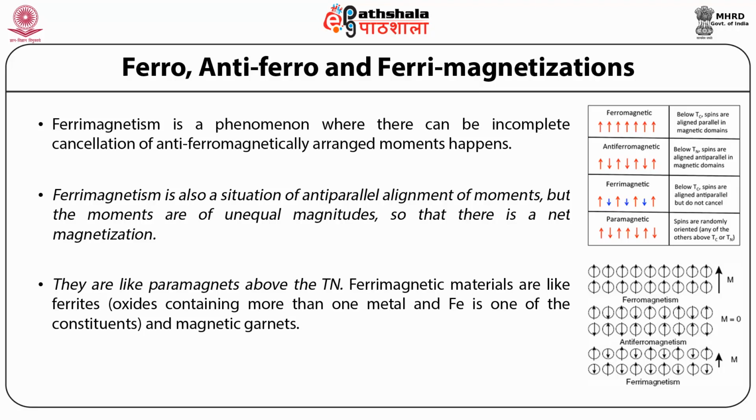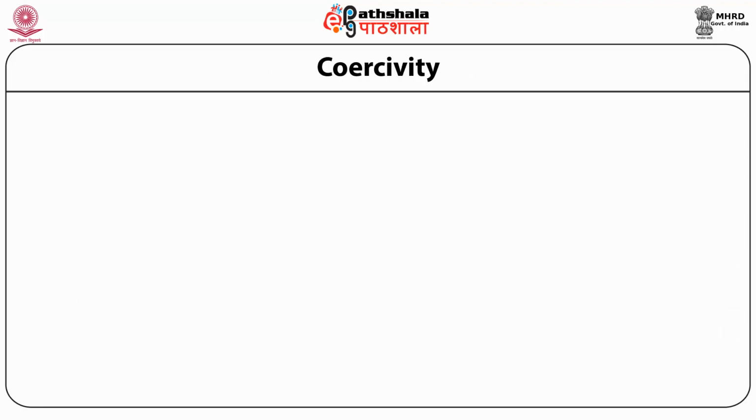Therefore, these particles are called superparamagnetic particles. This is because the property of superparamagnetism can only occur in materials composed of very small particles.